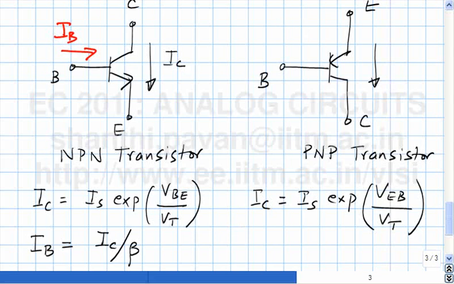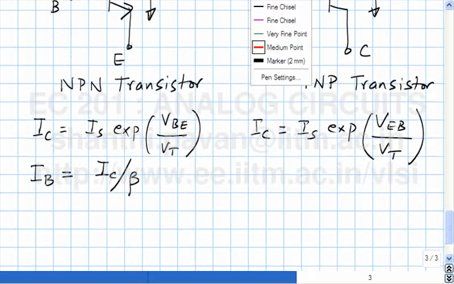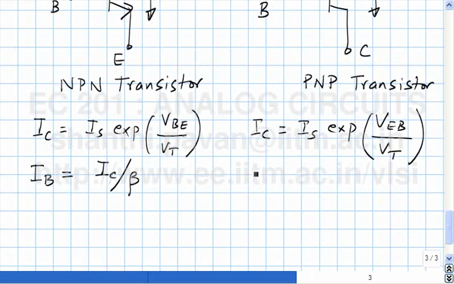In a PNP transistor, this is IC, the base current flows out of the base, and again IB is IC by beta.